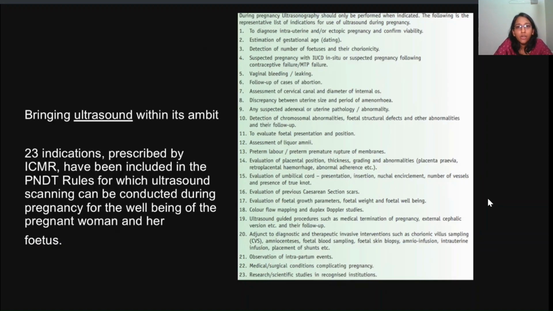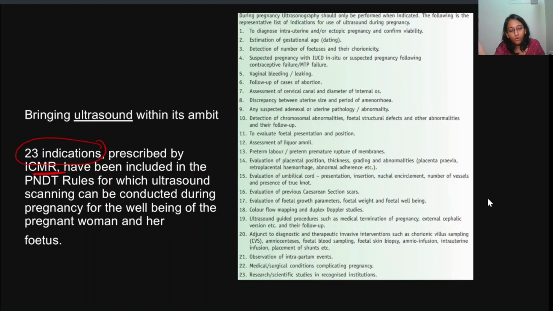The 2002 amendment brought ultrasound within the PCPNDT ambit, and the legislature states 23 indications prescribed by the ICMR. These are included in the PNDT rules for which ultrasound scanning can be done. This includes the well-being of the fetus and the pregnant woman.